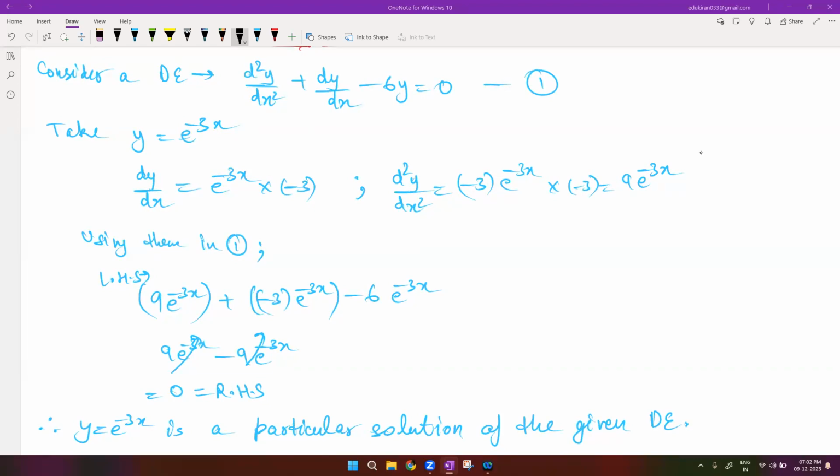Now you take y is equal to e to the power minus 3x, right? And this equation basically satisfies your whole differential equation.